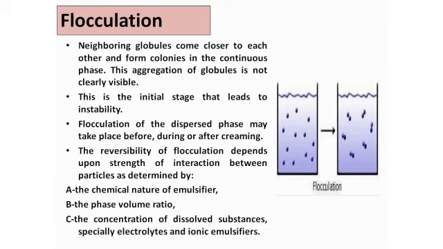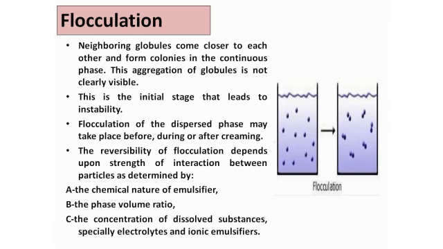They are: number one, the chemical nature of the emulsifier, which type of emulsifier we have used. Number two, the phase volume ratio. Now what is phase volume ratio? It means the ratio of the volume of the oil phase divided by the volume of the water phase, or the volume of the dispersed phase divided by the volume of the dispersion medium.